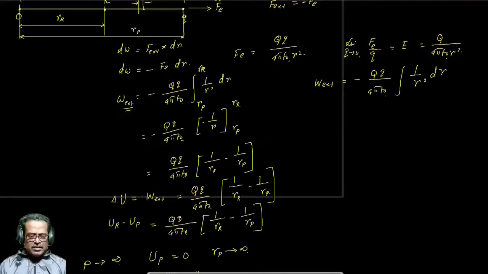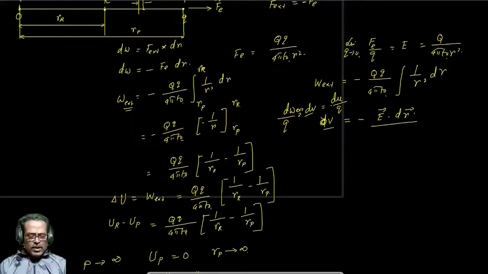So in this case, dV is equal to minus E dot dr, because when we divide W by small q, we get dW by q equal to dV, and this external work is equal to dU by q.